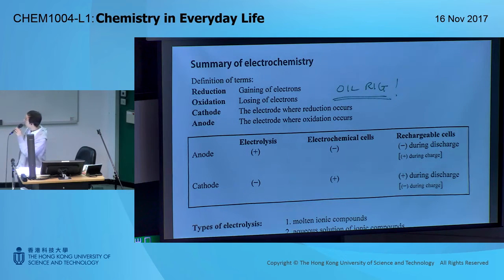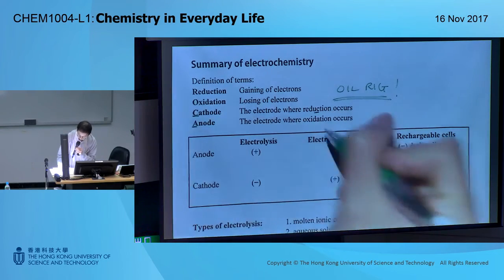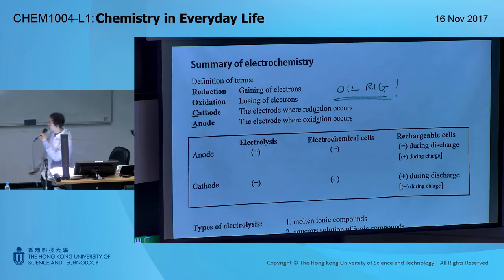Also remember the meaning of cathode and anode. These are the places where reduction and oxidation occur. Cathode has a C, reduction has a C. Anode has an A, oxidation has an A, so that you can remember that.